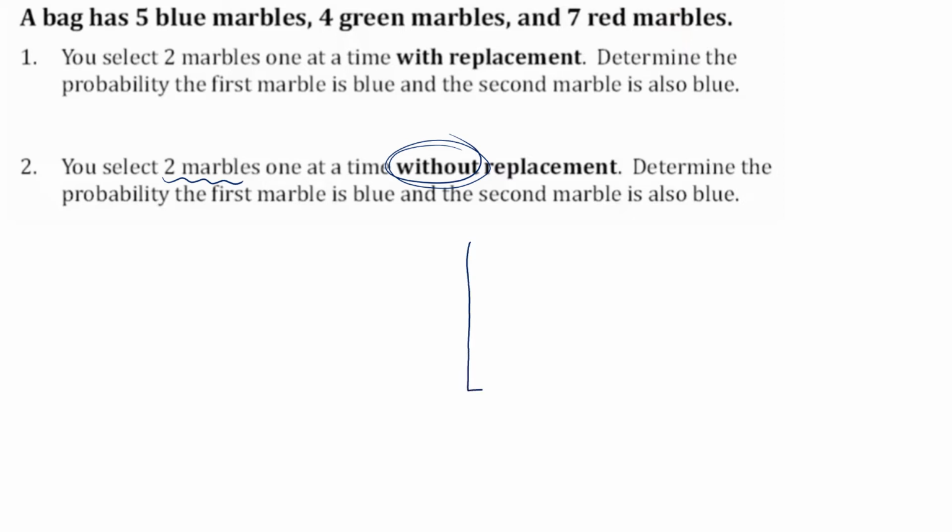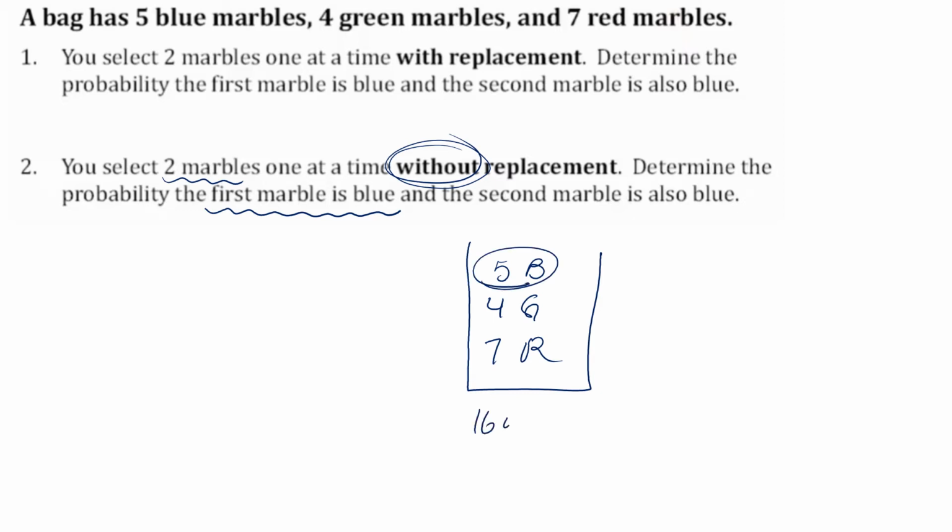Again there are 5 blue, 4 green and 7 red marbles. You have to choose in a way that the first marble is blue. So what is the chance of getting blue out of the 16 marbles? There are 5 chances out of 16 marbles.